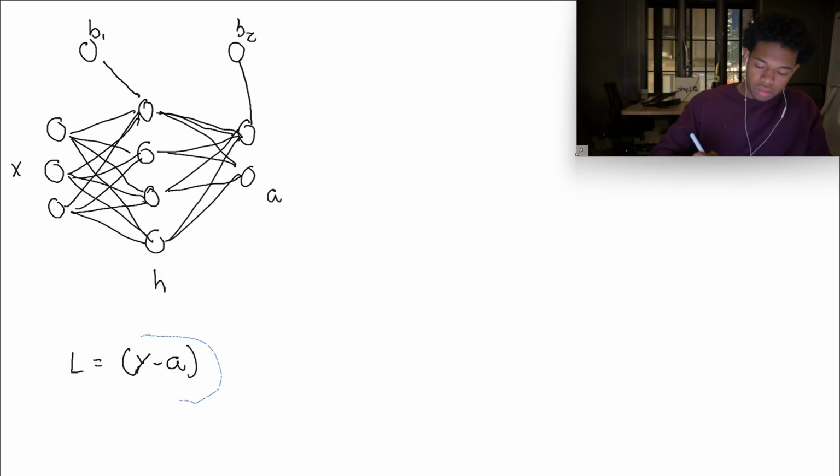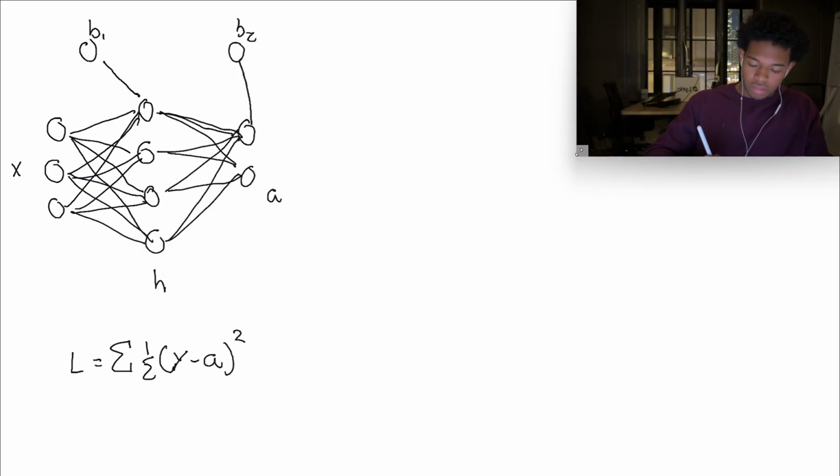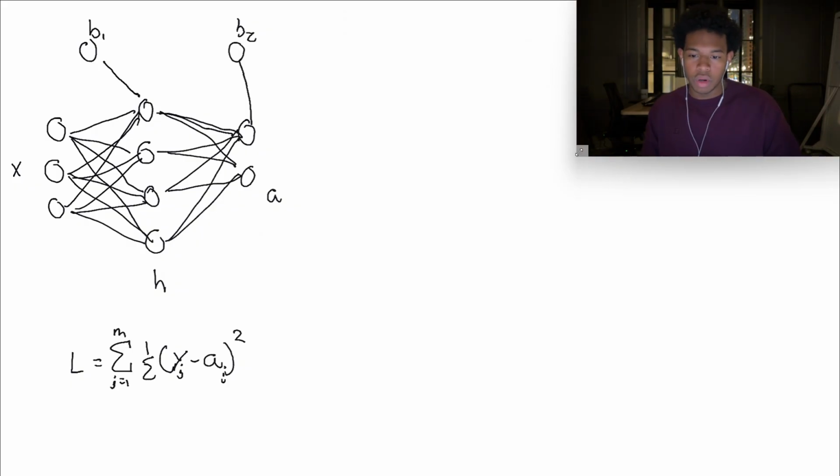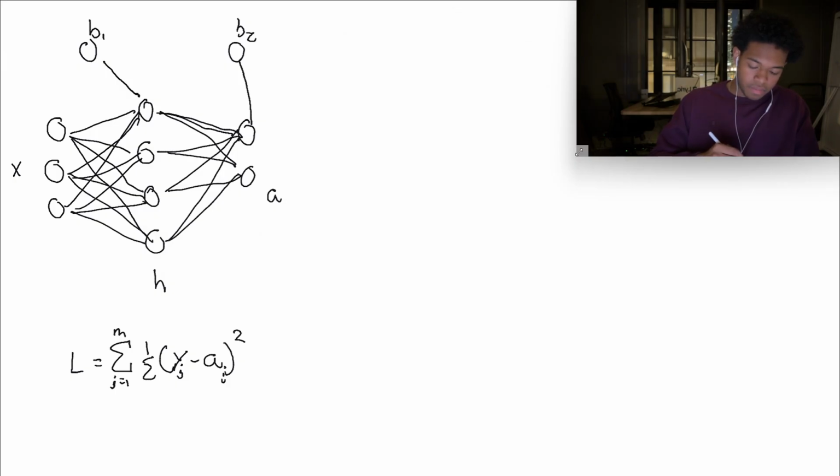Oh, however, because we have moved to vectors, we're going to say it's the sum from j equals 1 to m of (yj minus aj) squared, which is simply the element-by-element sum of loss if it was a vector. That's technically what loss is.